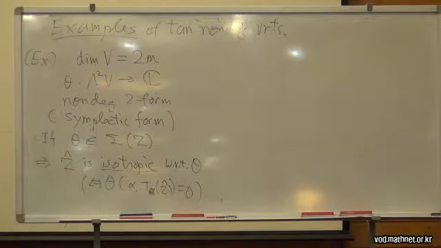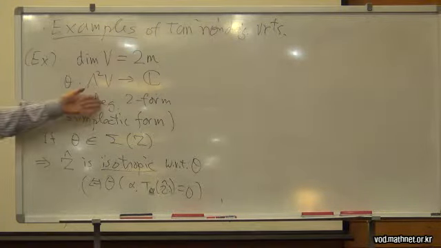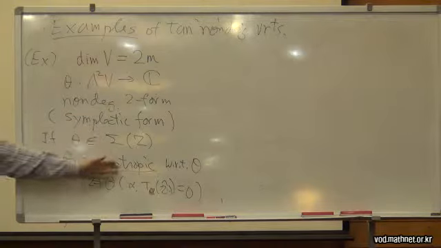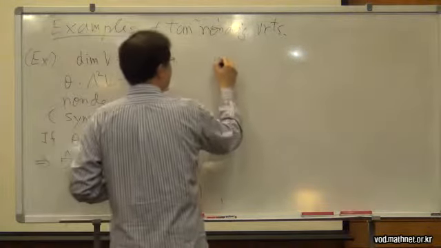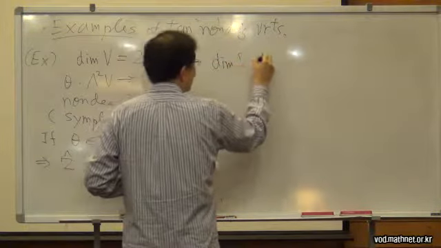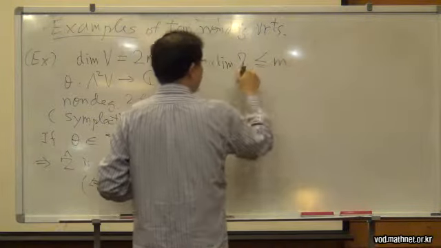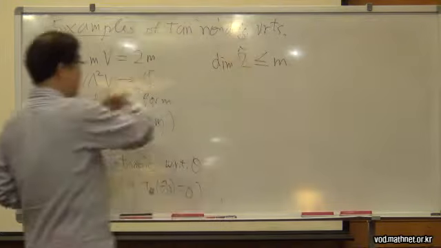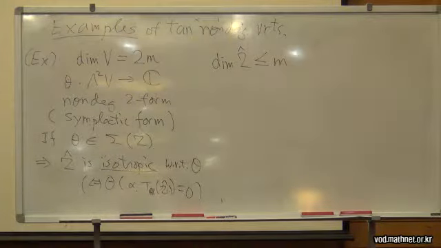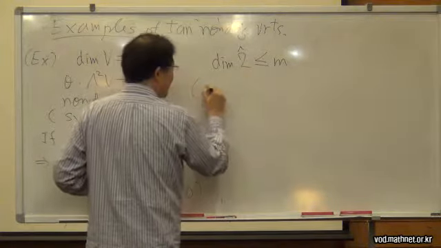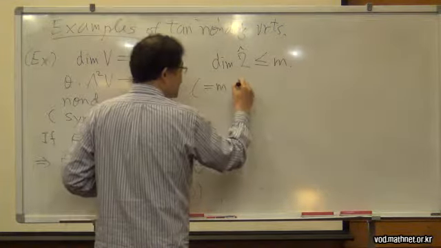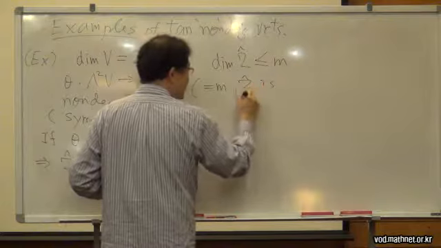Under this situation, it is well known that given a symplectic vector space, if you have an isotropic subvariety, then the dimension of z hat is at most half of the dimension of the vector space. This is well known. And if it equals half, we say that z hat is a Lagrangian subvariety.